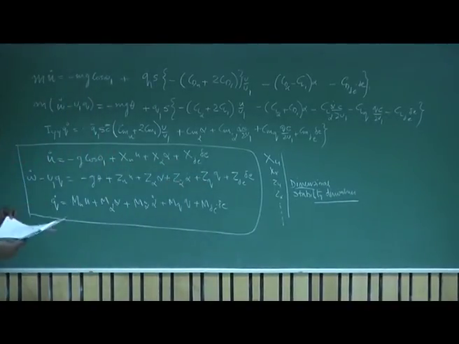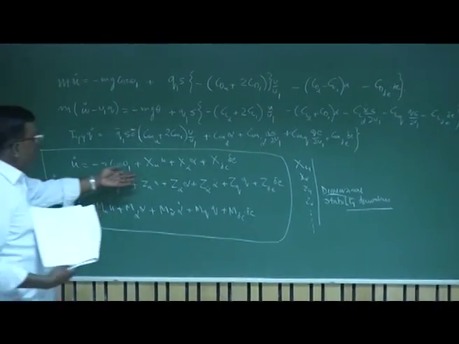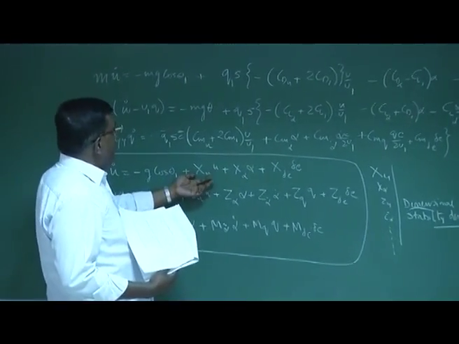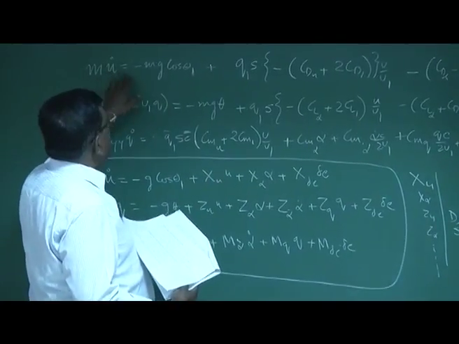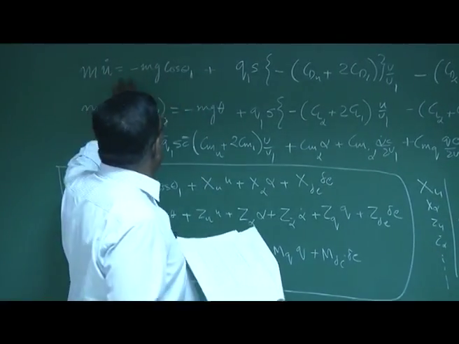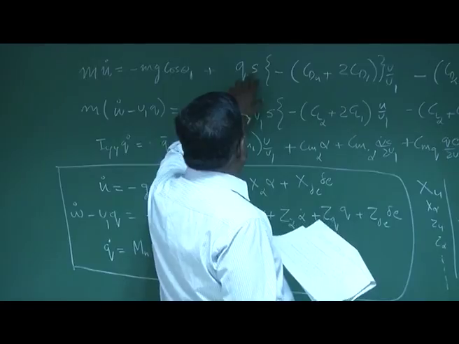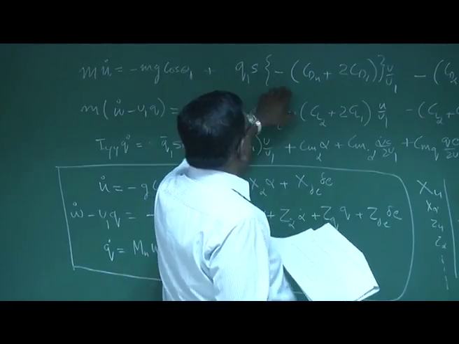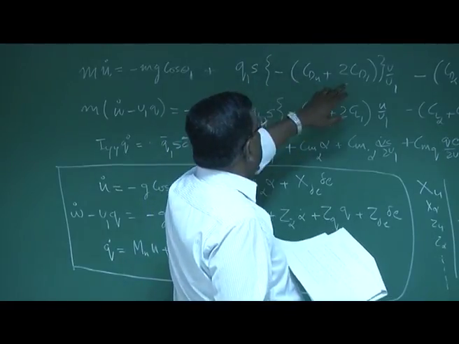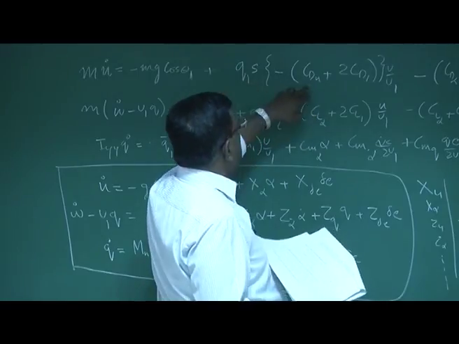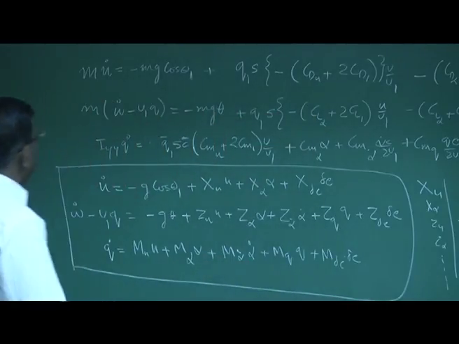For your ready reference, which I will not write here, you know very well what xu is. You need not require anybody's help. Xu will be simply dividing this equation by m. So xu will be q1s by m into minus cdu into u by u1, which we have shown last time also.